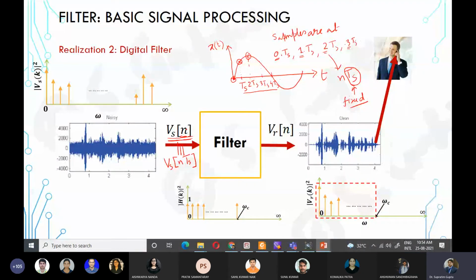Now the filter should take a number of samples, all these values at all these instances, and then produce another set of samples for all these instances, and it should be a clean signal. So the noise should be eliminated. Now, what is the noise? Noise we can assume, and this is our assumption.